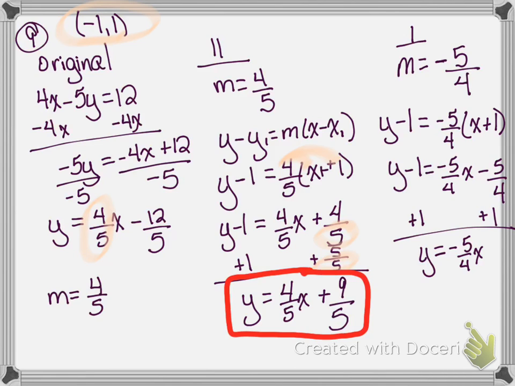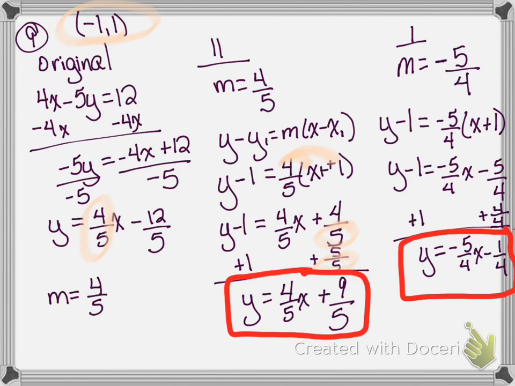So I've got negative 5/4. That positive 1 is going to become 4/4 because that gives me a common denominator. So +1 and +4/4 are the same thing. Negative 5/4 plus 4/4 is negative 1/4. So that is my line that's perpendicular. y equals negative 5/4 x minus 1/4.